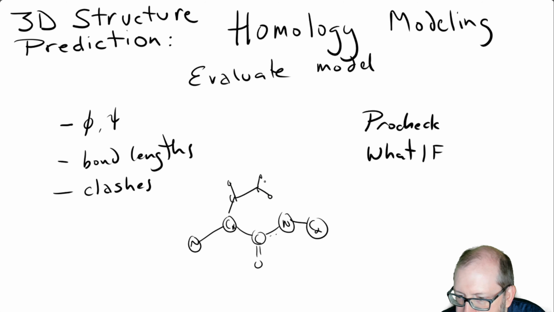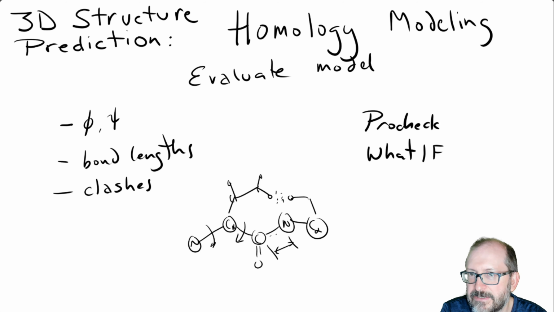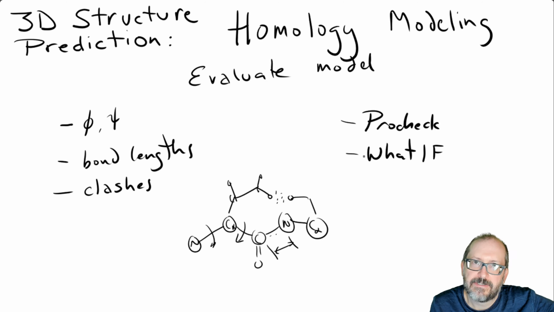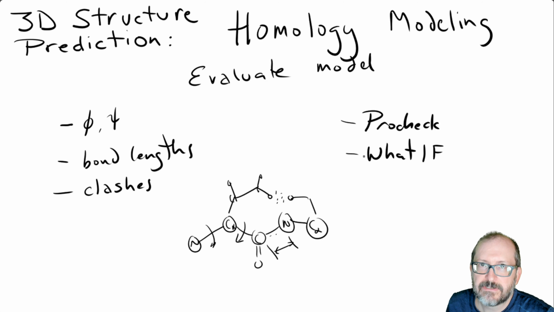What we're going to check is again phi and psi, and we're going to look at the lengths of these bonds and make sure that they're reasonably close to their equilibrium length, and we're going to take another look at making sure that these interatomic distances are not too close. And there are standard packages that do this. And they're basically the same packages that maybe a crystallographer would use before submitting their experimental coordinates to the PDB.